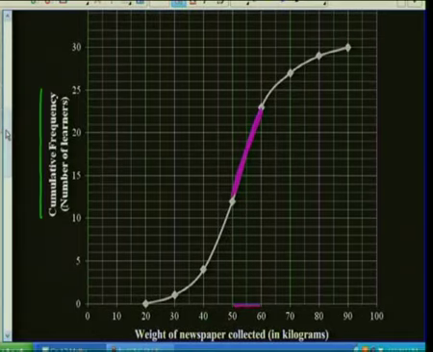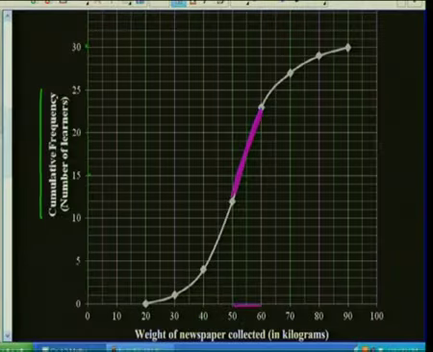If you look at a cumulative frequency, it ranges from 0 to 30. So what is halfway between 0 and 30? It's 15. You draw with the ruler to that line, and you go down.